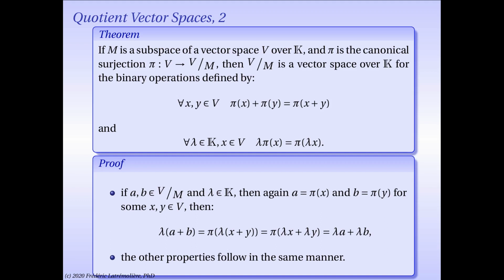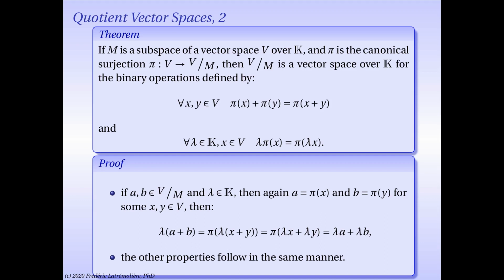But then I know that the external multiplication, or scalar multiplication, is distributive with respect to the vector addition, so lambda times the sum of x and y is the sum of lambda x and lambda y. And then you recognize right there that by definition this is the sum of lambda times A and lambda times B.